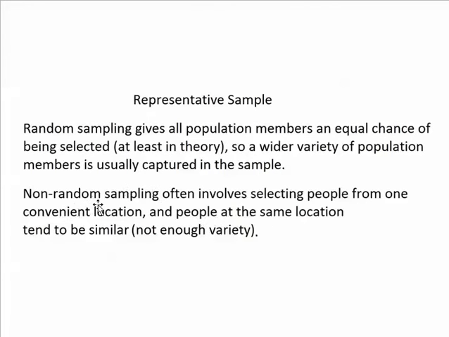The reason why non-random samples tend to be less representative is because non-random samples often come from one convenient location, such as a subject pool, and people who are at the same location tend to be similar to each other. For example, a subject pool includes all general psychology students, and almost all of those general psychology students are freshmen and sophomores.